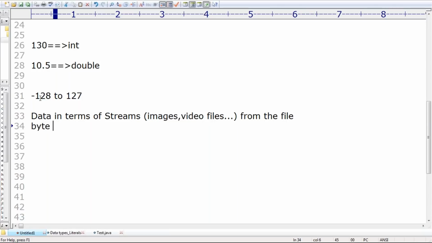Can you send this data over the network, or save this data to a file? Highly recommended we should go for byte type, because the file supported form and the network supported form is always byte. Wherever you want to represent data in terms of streams, happily we can go for the byte data type.